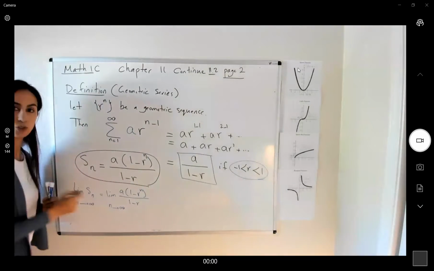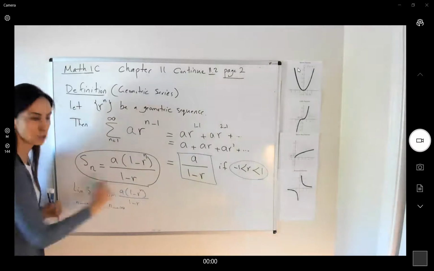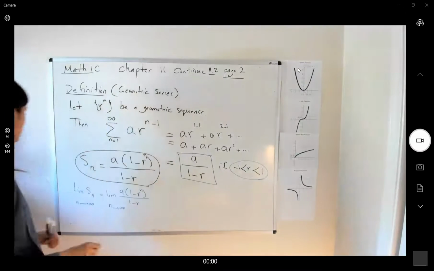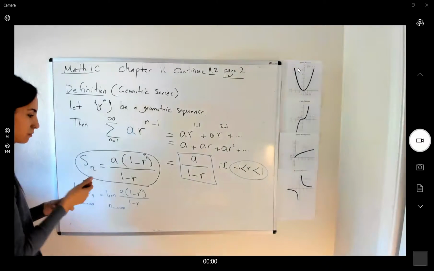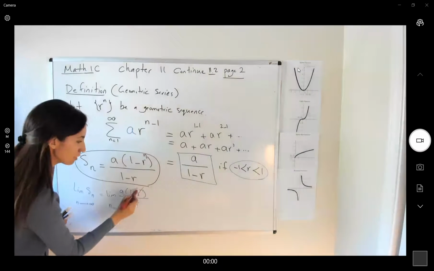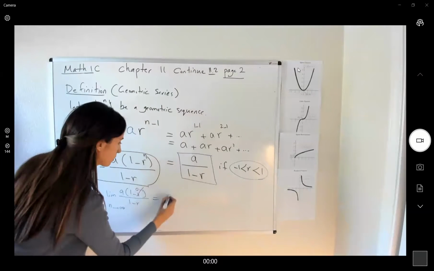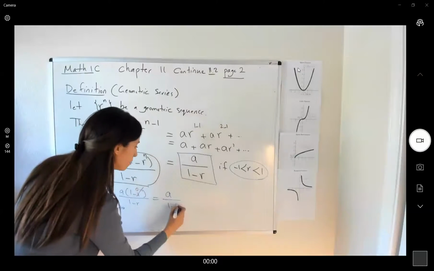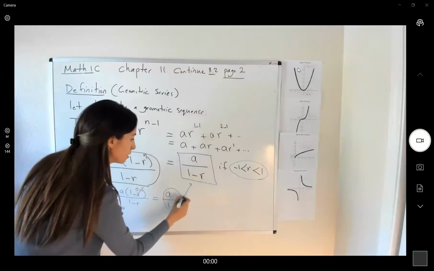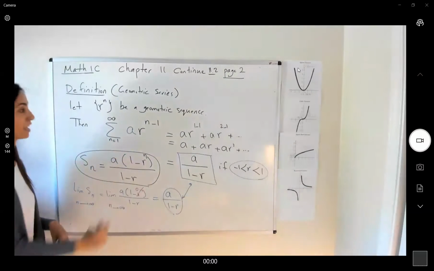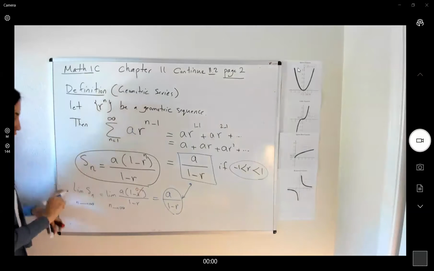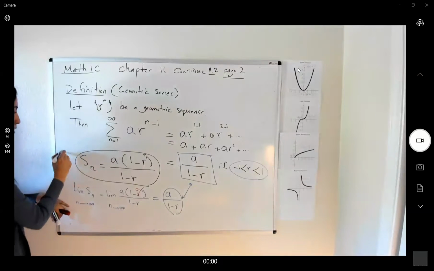Since n goes to infinity, you know that r to the n is equal to 0. You already know that. So you can get rid of r to the n. You're left with a divided by 1 minus r, which is the sum of the infinite series. You have your partial sum.